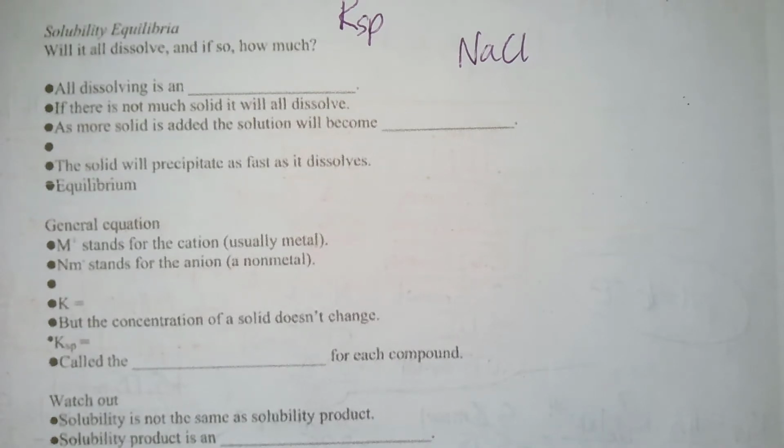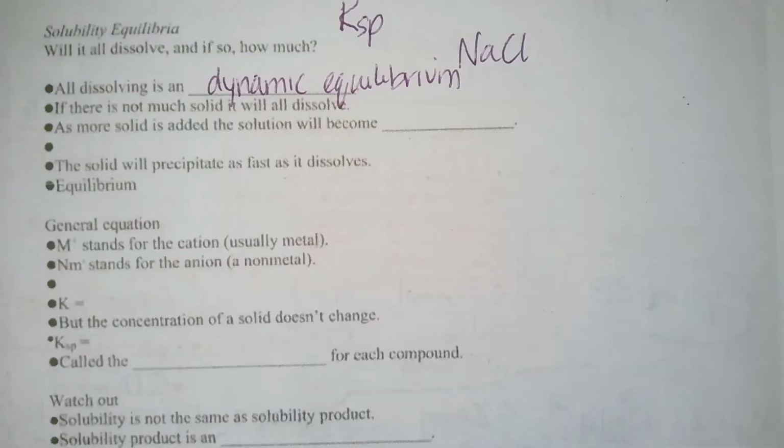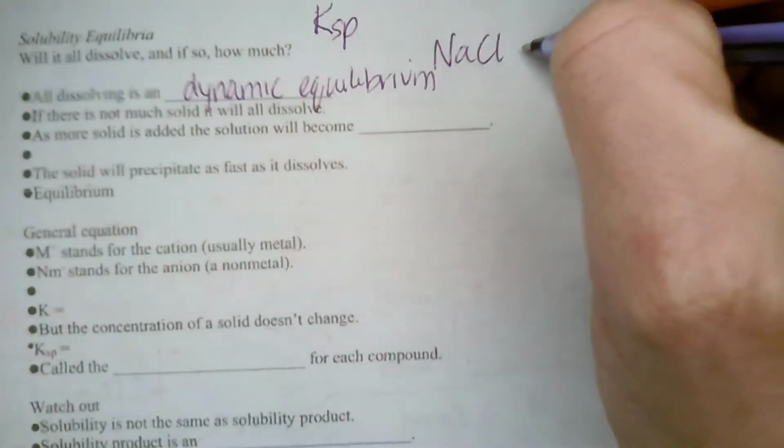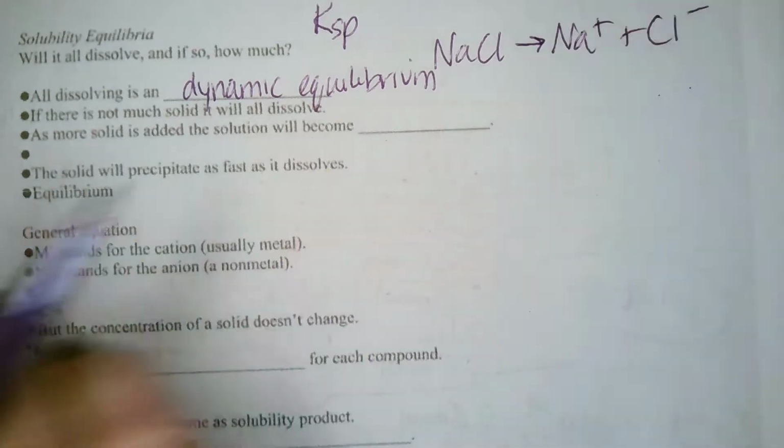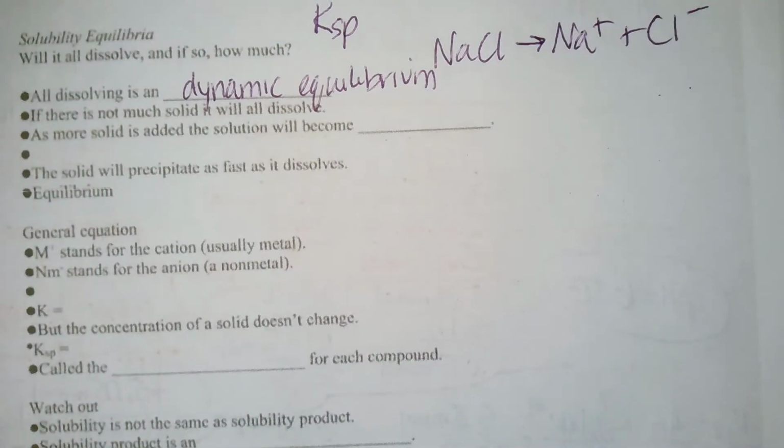All dissolving is a process of equilibrium, dynamic equilibrium. So as sodium chloride is going into solution, dissociating to form its ions, there is a point where we reach something called saturation, that the volume of water is holding as much as it possibly can at that particular temperature and volume.